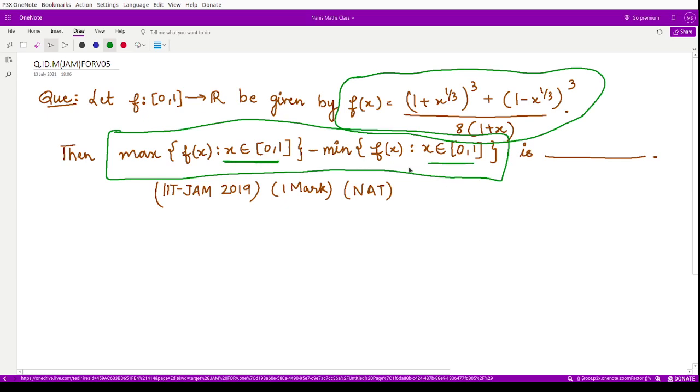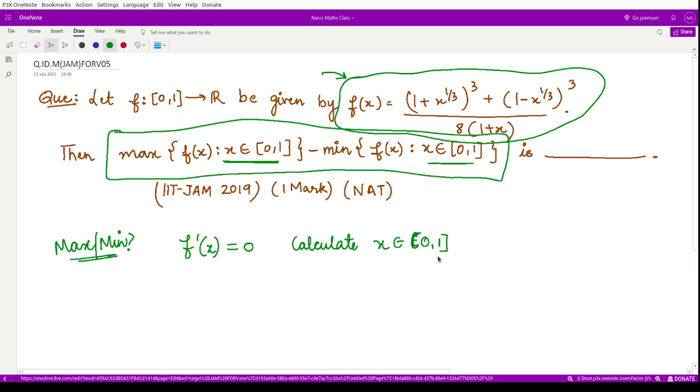So here you are to calculate the maximum and minimum values for this function. First of all, if you remember, how do you calculate the maximum and minimum values? You calculate the derivative of that function, set that derivative equal to 0, and calculate all the possible values of x lying in the interval, here the closed interval 0 to 1.